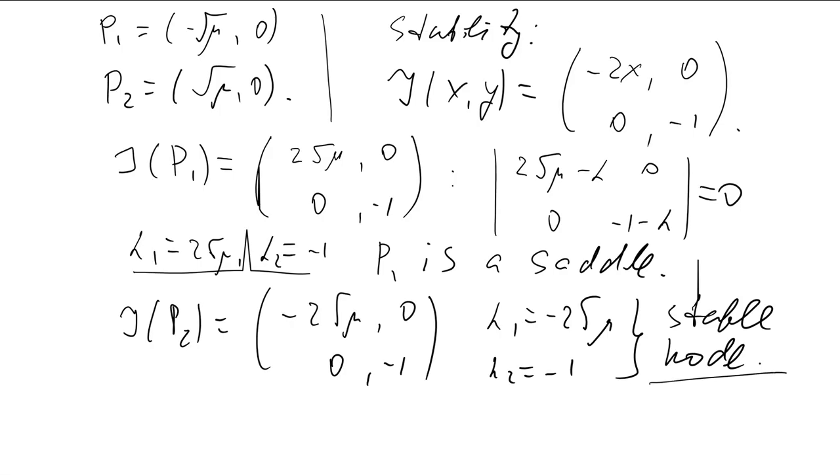In terms of bifurcations, what we can say is that two equilibria exist when mu is positive and don't exist when mu is negative. So mu equal to 0 is what we called before a fold bifurcation, but for two-dimensional systems it's called a saddle node bifurcation.